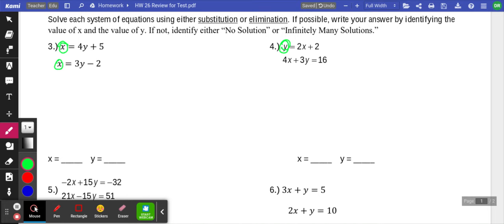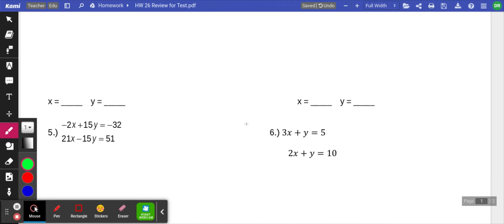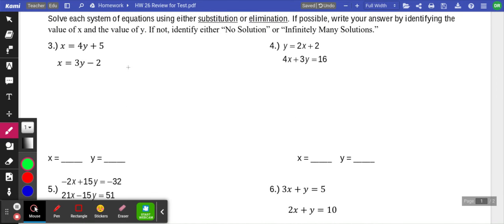Remember, elimination is when everything is lined up in your equations. So we see down below, question 6 will have the x's lined up, the y's lined up, the equal signs lined up, as well as the constant values without a variable. Technically, so does 3. The x's are first, followed by equal signs, followed by y's, and followed by these last values.